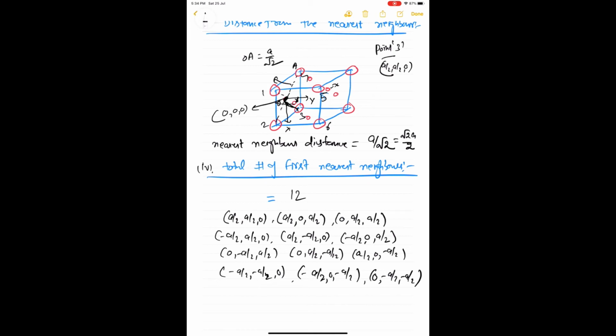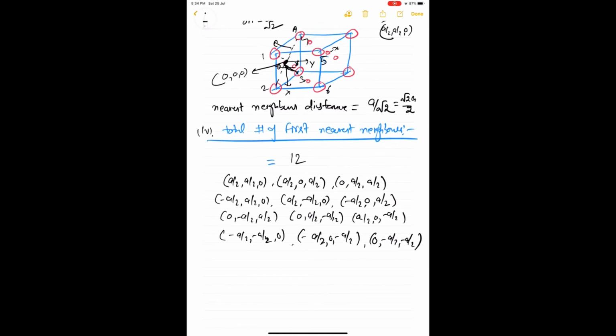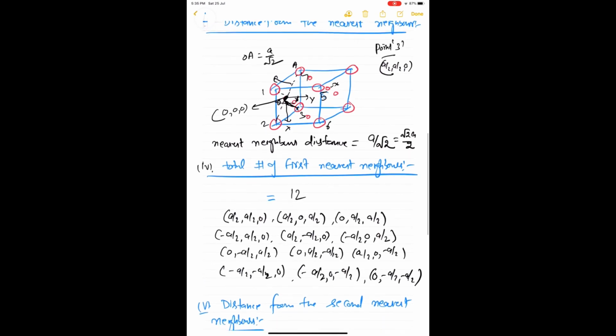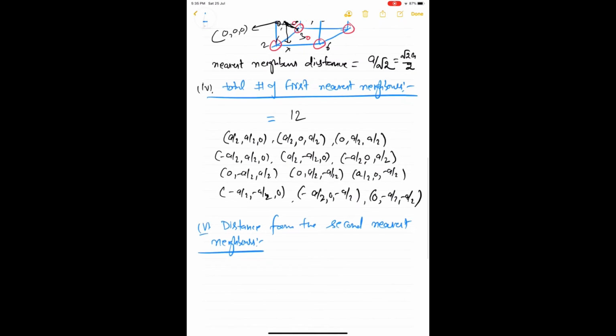Similarly, we can go to the second nearest neighbors. So if you wish to find out the distance to the second nearest neighbor, let us focus our attention back on the face centered cubic unit cell, something of this kind.